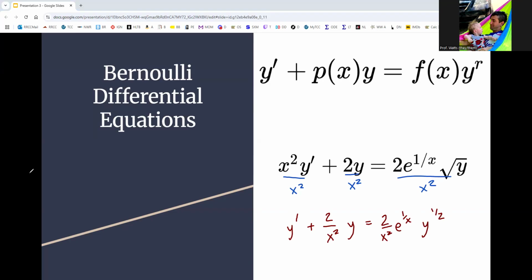Now that y to the 1/2 is what makes this nonlinear. And then you can see that P of X is 2 over x squared. And F of X is 2 over x squared times e to the x. And then R is the 1/2.